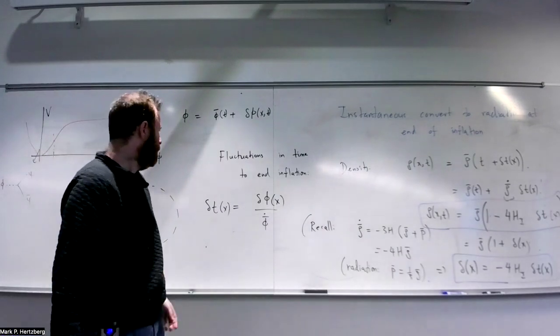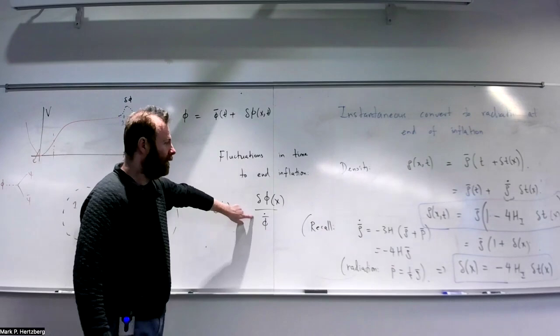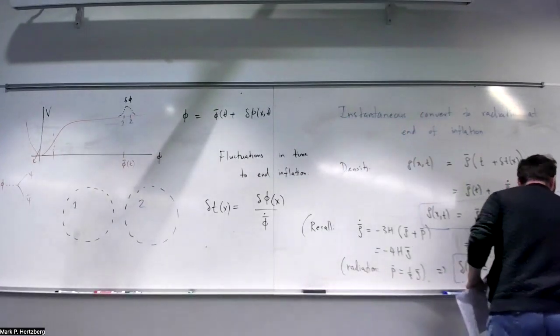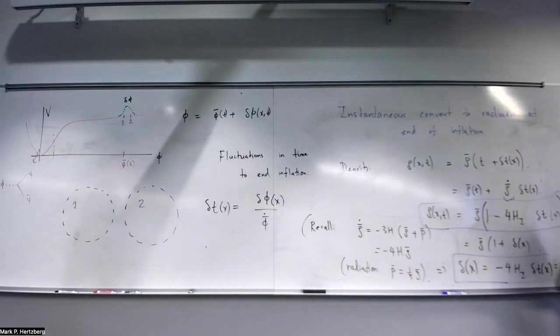Okay, so we just plug this delta t into there, and then we plug in the standard deviation. So let me squeeze it in here. This is minus 4h delta phi over phi bar dot.